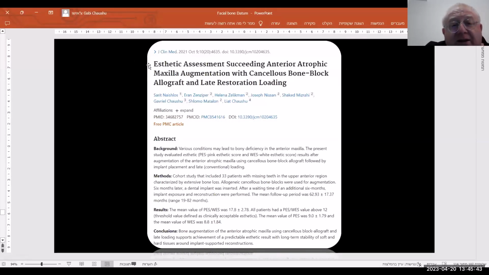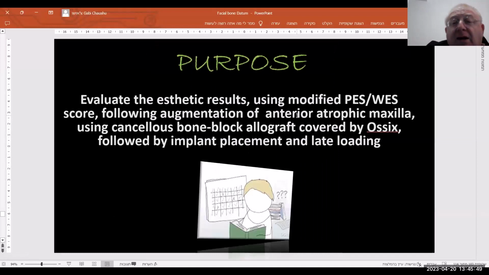And this is the studies that we published in JCM in 2021. Again, after seeing that we can reach long-term predictability, after seeing that we do have new bone formation, the last step was to see whether we can also reach aesthetic result of this kind of treatment protocol.